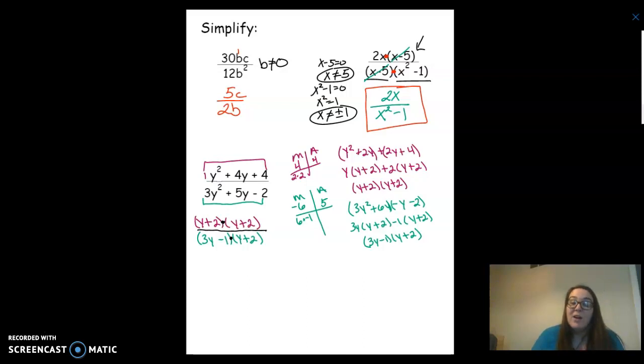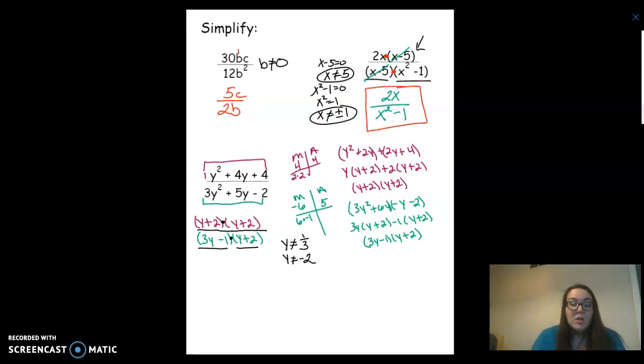Now notice I have not said what y cannot equal yet. I waited until my denominator was factored to do so. So for starters, because of this 3y minus 1, y cannot equal, add the 1, divide by 3, so 1/3. And because of this y plus 2, y cannot equal negative 2.